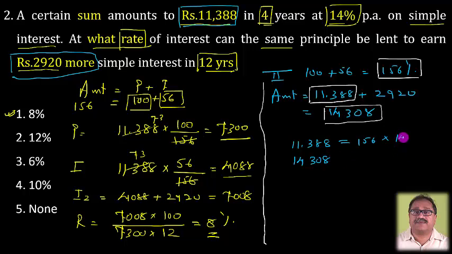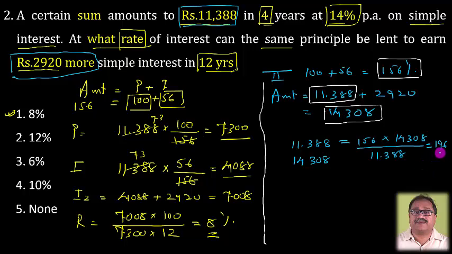So into 14,308 divided by 11,388. So when you divide this, cancel this, you get, and that figure I am writing down here in order to avoid the time consumption in calculation, 196.